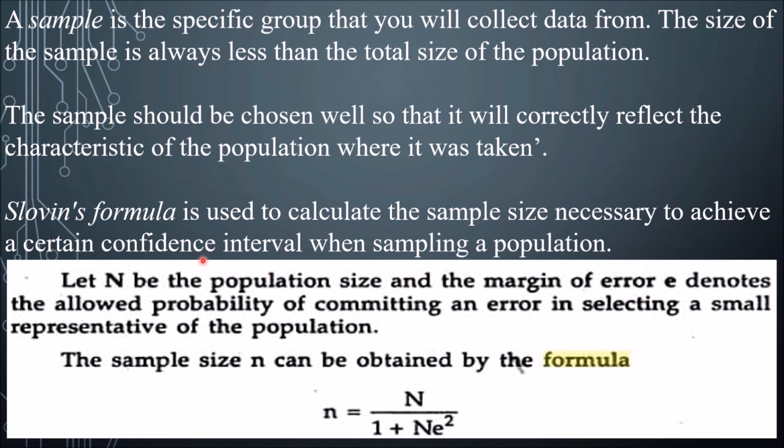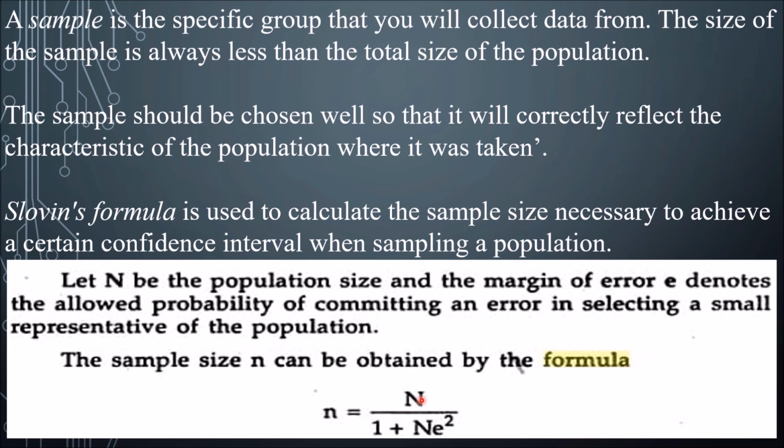If the confidence interval is 95, the margin of error is 5%. The margin of error denotes the allowed probability of committing an error in selecting a small representative of the population.